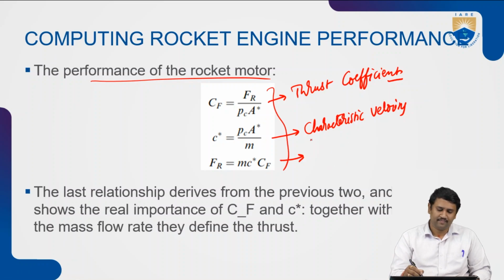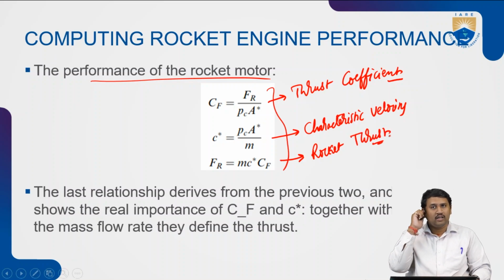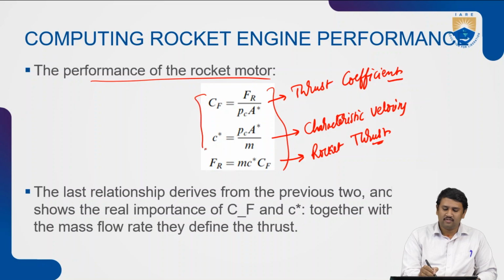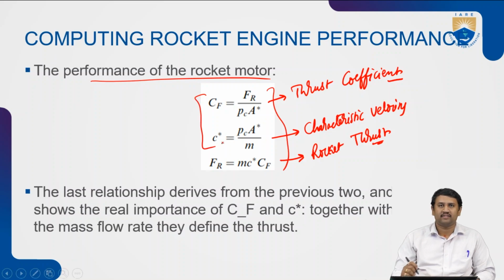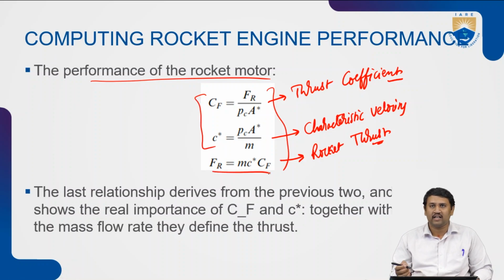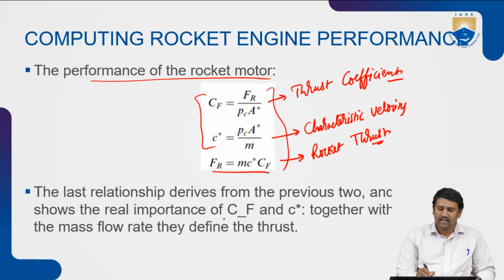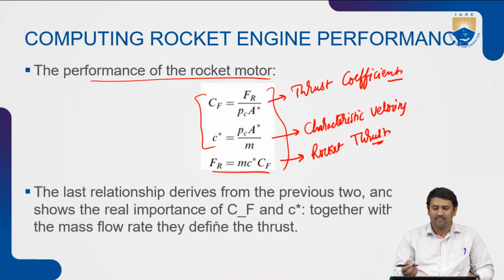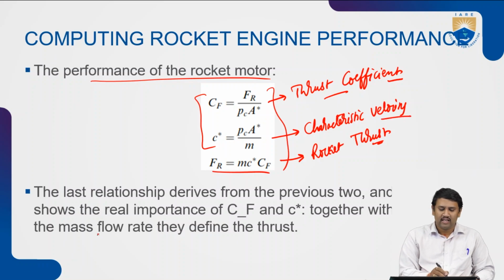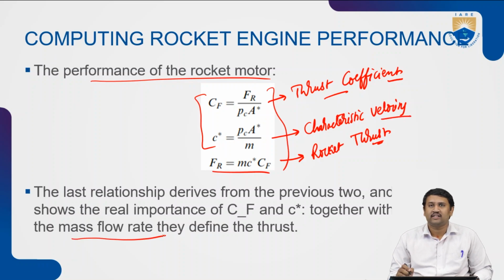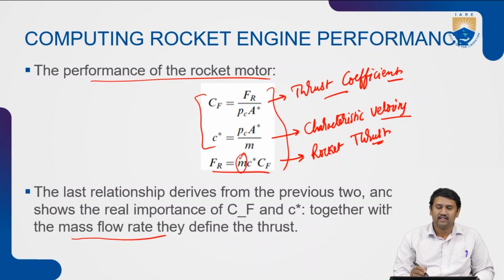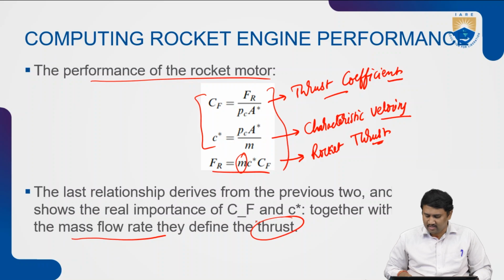Let me just rewrite. Now, try to understand. The first two are the equations that we have derived earlier, right? Now, coming to the third, what is that? It is nothing but the multiplication of my thrust coefficient as well as the characteristic velocity with the mass flow rate.